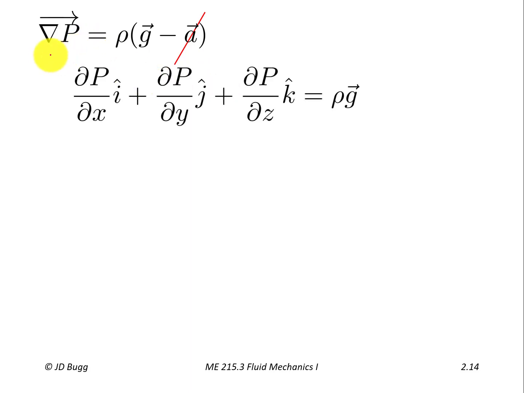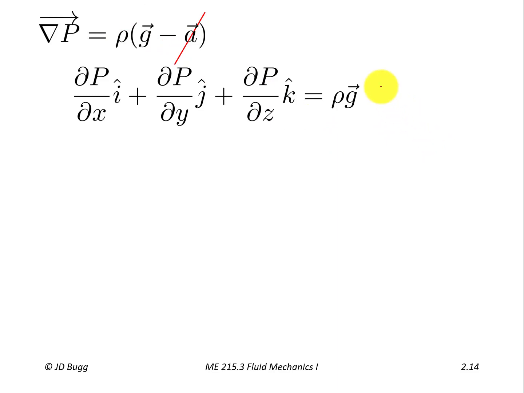So if we expand our pressure gradient using the vector gradient operator, the left-hand side of this equation is partial p partial x in the i direction, plus partial p partial y in the j direction, plus partial p partial z in the k direction. And that equals rho g. So that's all that's left on this side after the acceleration is canceled.